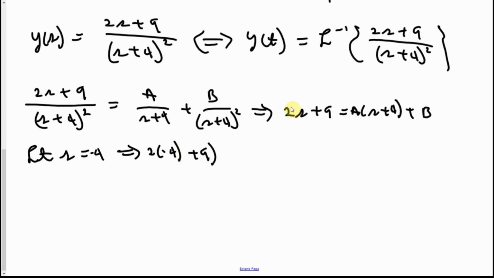That's the left side. Is equal to A times (negative 4 plus 4) plus B. So this implies that B is equal to 1.